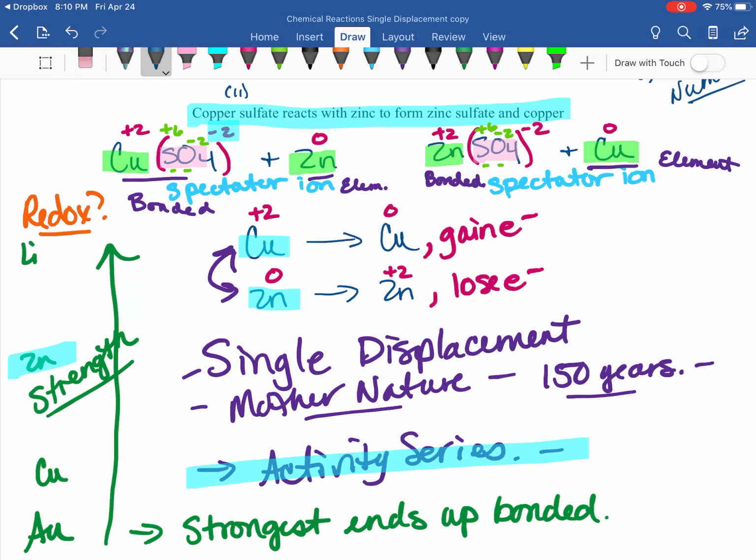All right, so that means zinc is higher up on the table. Zinc wins. So if we go back to our original equation and we look at it, what it means is that in nature, if you mix your copper sulfate and zinc, it will react this way and your zinc will end up bonded.